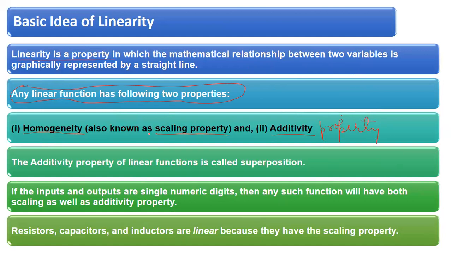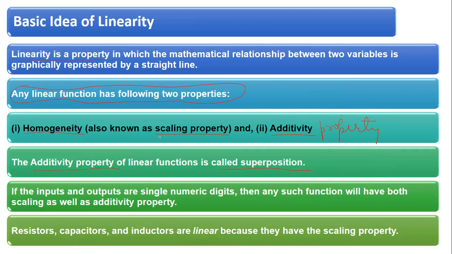If a system has these two properties, only then we will call such a system a linear system. However, the additivity property itself is known as superposition, right?